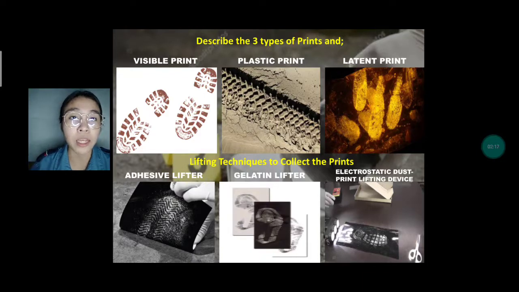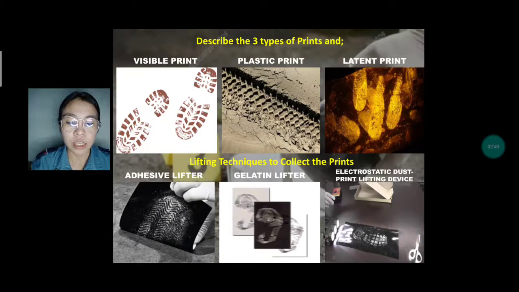Kaya nitong makita ng ating mga mata nang walang ibang ginagamit para ma-identify yung print na to. Halimbawa po, kapag yung sapatos ay may dugo at naiapak siya sa isang surface, then yung dugo na galing sa sapatos is natatransfer siya sa surface. And yun na po yung tinatawag nating visible print.